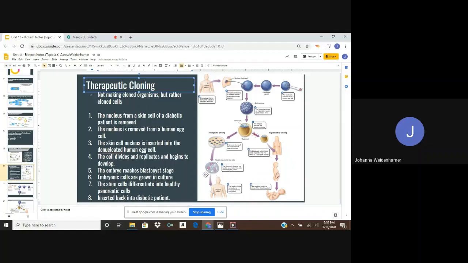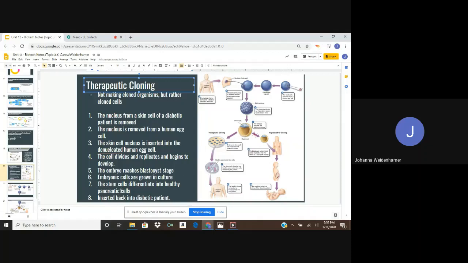Now remember, our patient from step number 1 is a diabetic patient. That means that something isn't going correctly in insulin production. So if we create healthy pancreatic cells, these healthy pancreatic cells can help us with creating the right amounts of insulin that this patient might need to help with blood glucose levels.